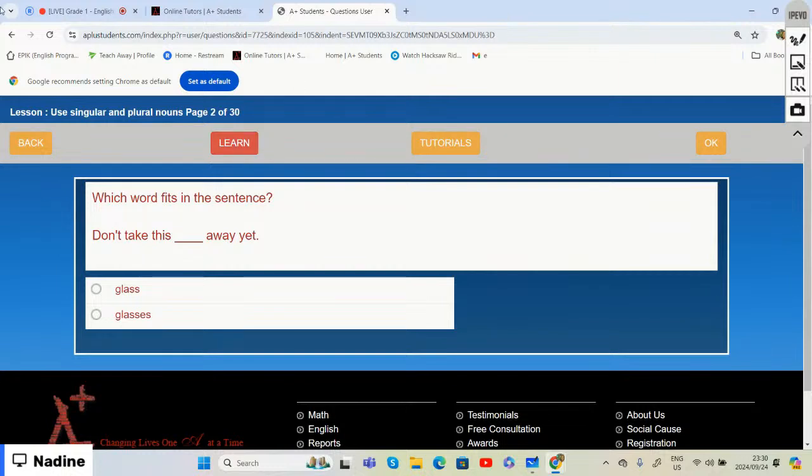Now, the next one says, look at the word this. So don't take this glass away yet, or don't take this glasses away yet. If we use the word this, does it come before a singular noun or a plural noun?